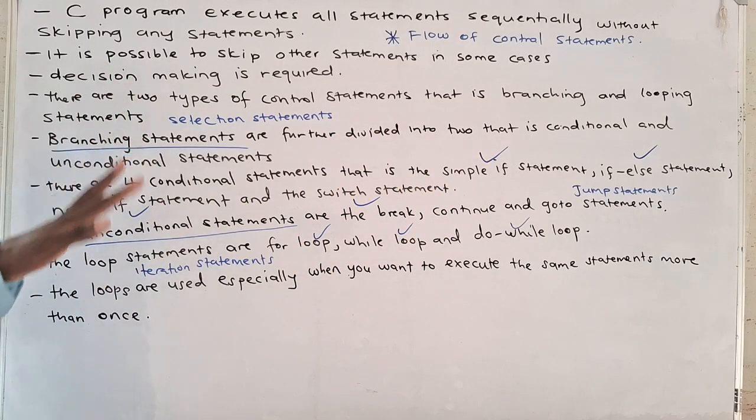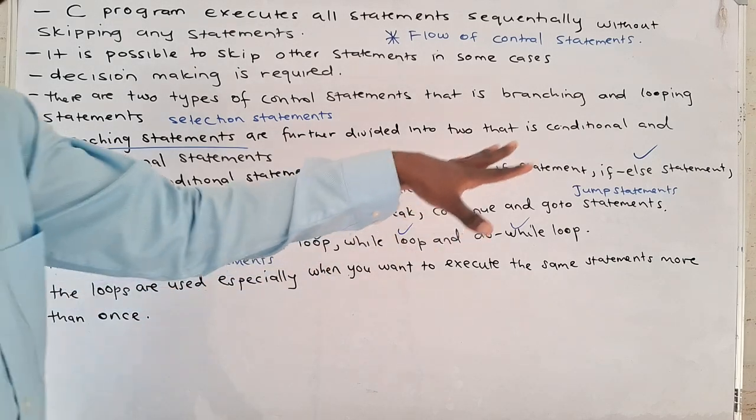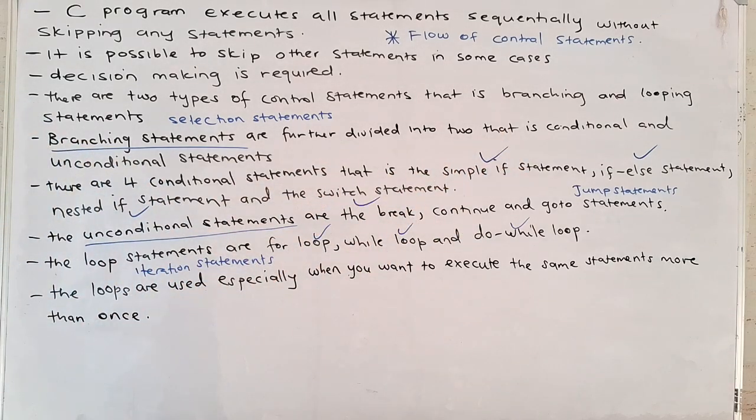So this is all about the control statements. Now we should discuss these control statements in detail. A C program executes all statements sequentially without skipping any statements. It is possible to skip statements in some cases with the help of branching and looping statements.